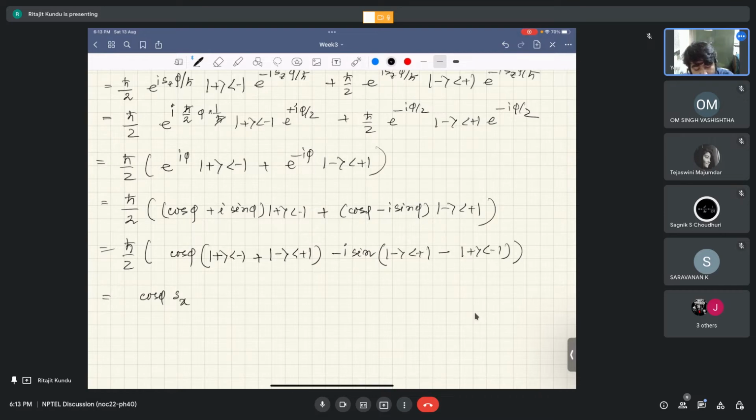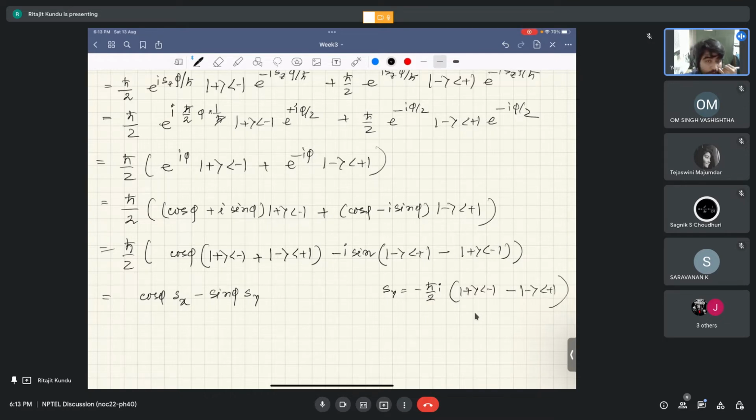Okay, so now if we recombine all of these things, this becomes cos phi Sx. So this part is again my Sx, right? So h bar times h bar by 2 times this part is basically my Sx. Okay, so I am writing Sx, and the rest of the part is actually Sy. So Sy will be given in terms of minus h bar by 2 i plus minus and minus minus plus.